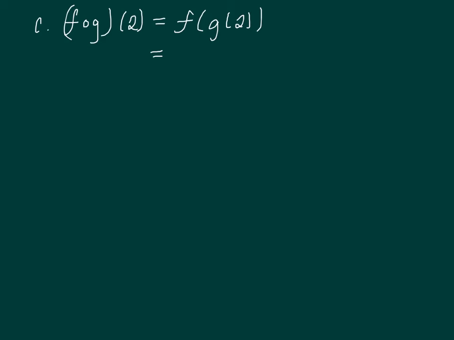And just to remind you, our g function was 2x squared plus x plus 5. So we're going to plug in 2 everywhere we see an x.